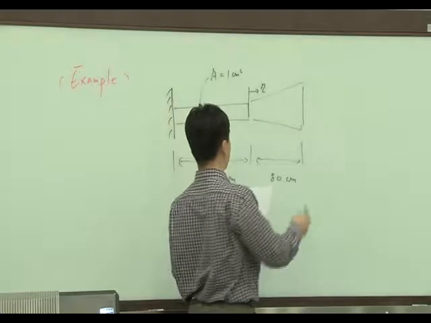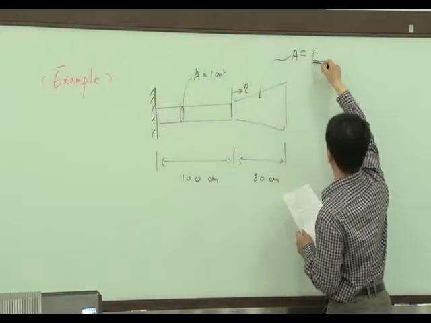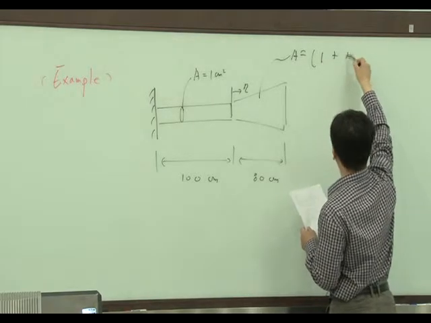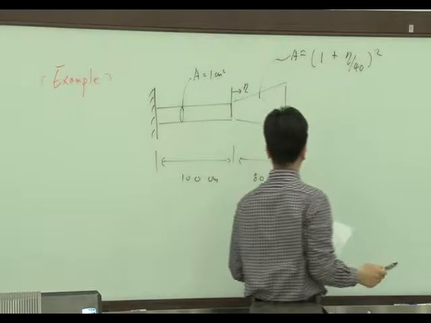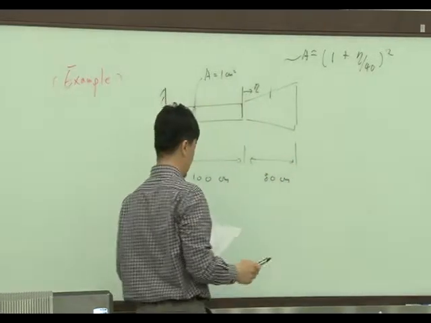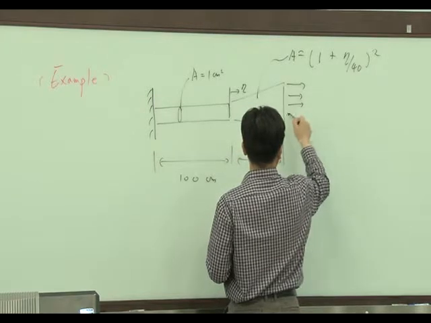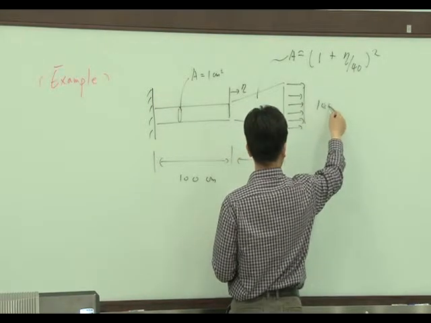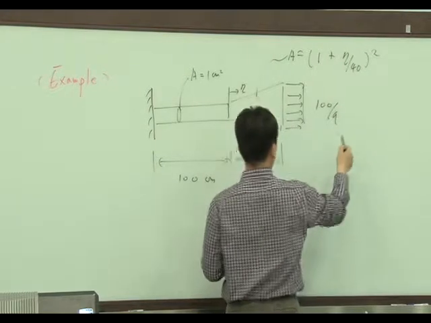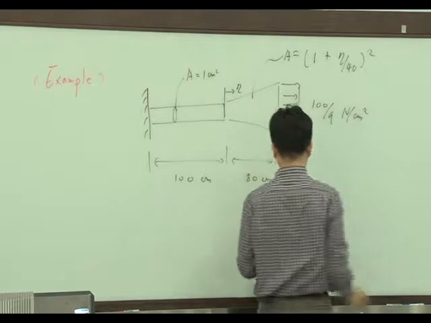Here the area is a function of the local coordinate, 1 plus x over 100 squared. And at the tip we have a tip load, 100/9 Newton per centimeter square.